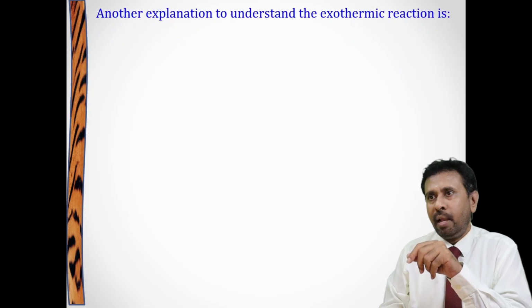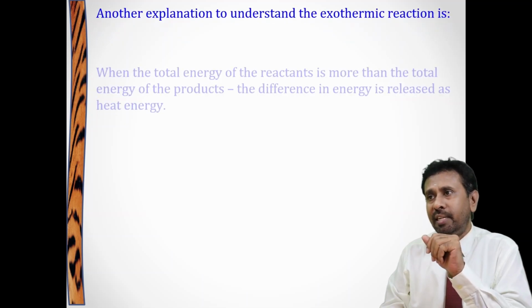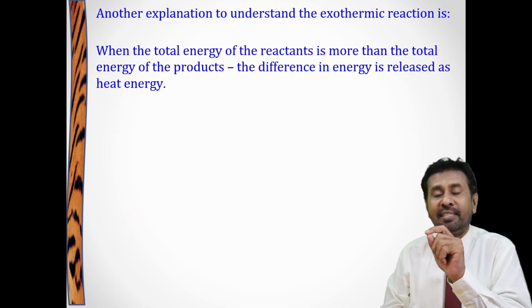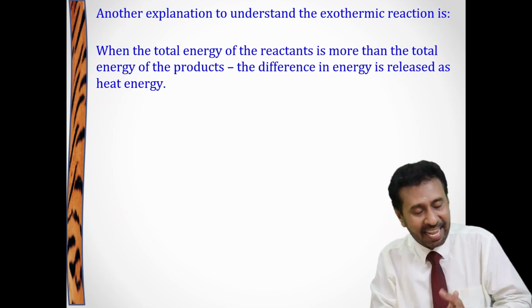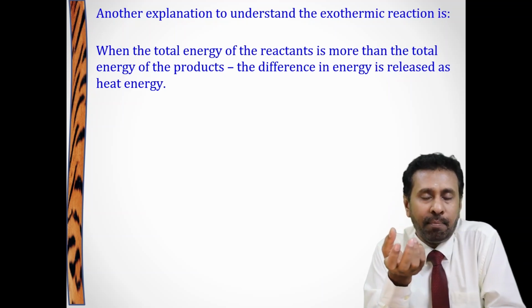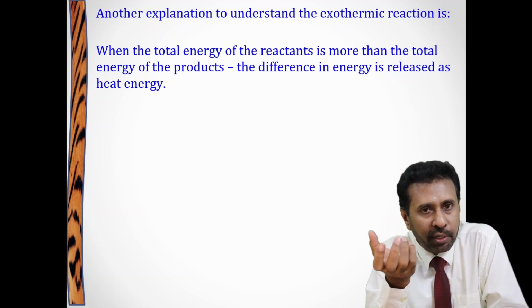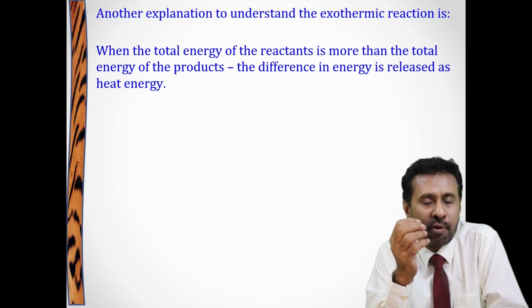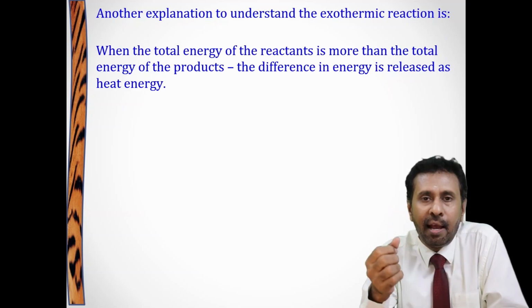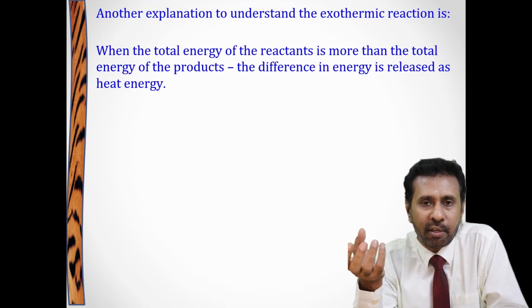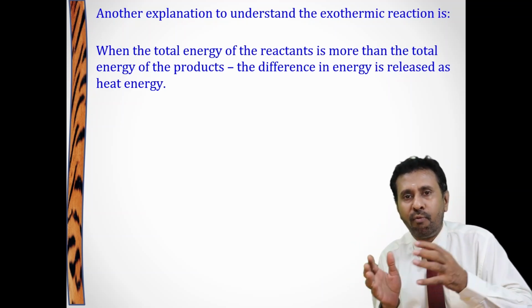Another explanation to understand the exothermic reaction is when the total energy of reactants is more than the total energy of the product, the difference in energy is released as heat energy. We discussed earlier the law of conservation of mass. The same way, we have the law of conservation of energy. I'm sure you would have come across this in your earlier standards. The law of conservation of energy states that energy can neither be produced nor destroyed, but it can be converted from one form to another.